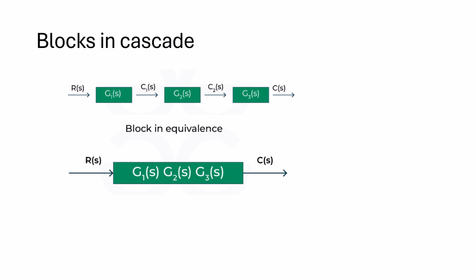If we have n number of blocks in cascade connection, then the reduced form, represented in a single box, will be the multiplication of all the n blocks. As here we have three blocks, the equivalent reduced block is the multiplication of G1, G2 and G3. The reference input and output remain the same.